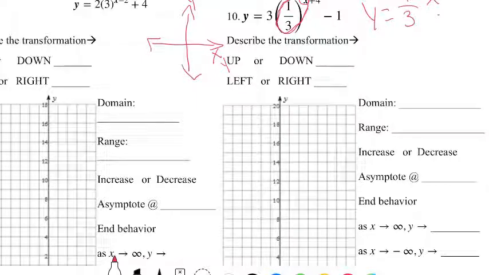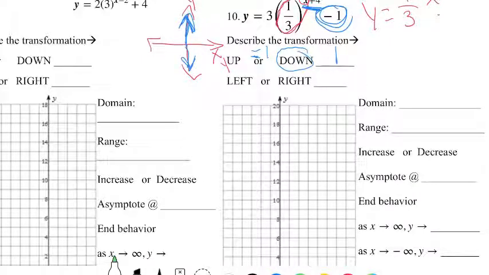Our -1 is on the outside of the exponent. So our -1 is telling us to go up or down. Well, when we're going up on the y-axis, we are going positive. Well, our -1 is not positive, so we want to go down to our negatives. So we're going to be going down, and that 1 tells us how much we're moving down.